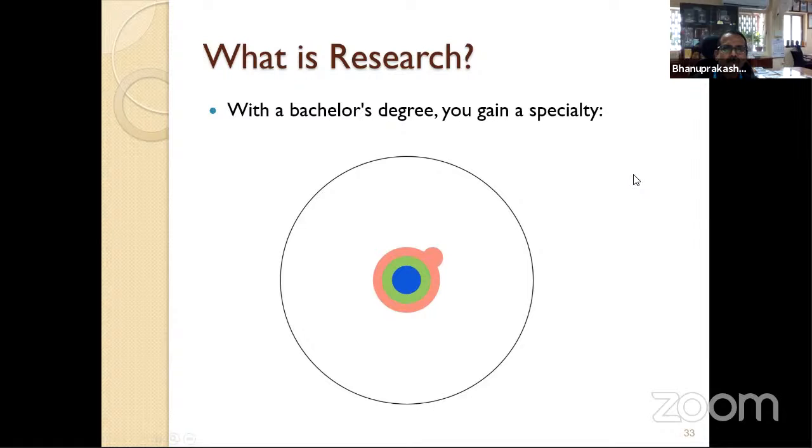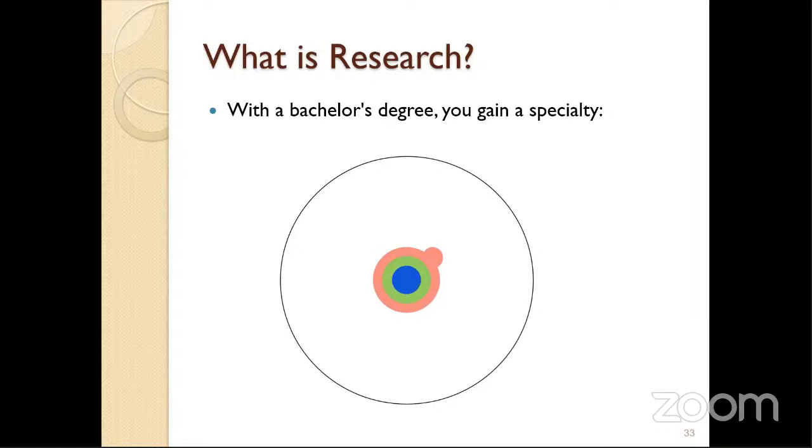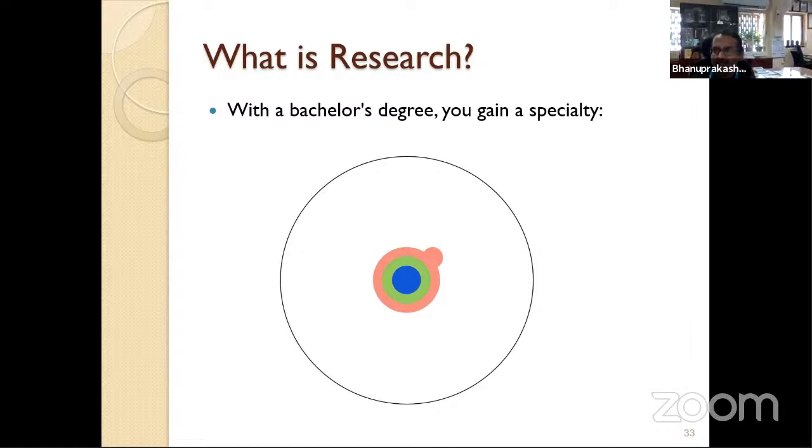When you come to the bachelor's degree, in our period we took either BZC or MPC. These days that demarcation is no longer relevant, but at least in our period, we decided to go with BZC or MPC. With MPC, your focus is on maths and physics. With BZC, my focus is on biology and chemistry.